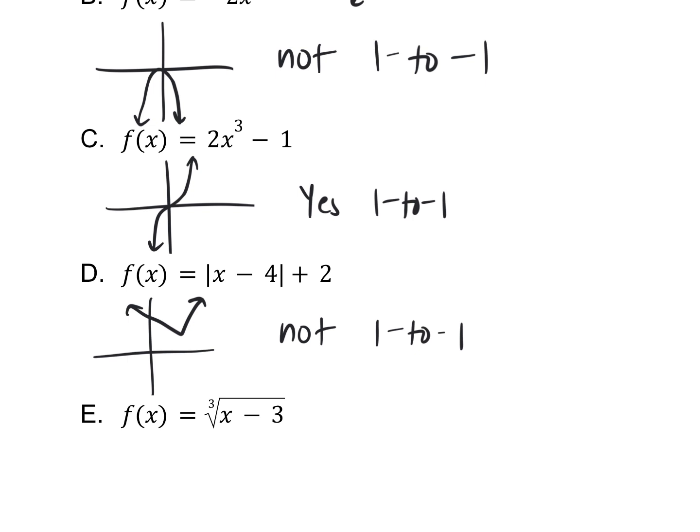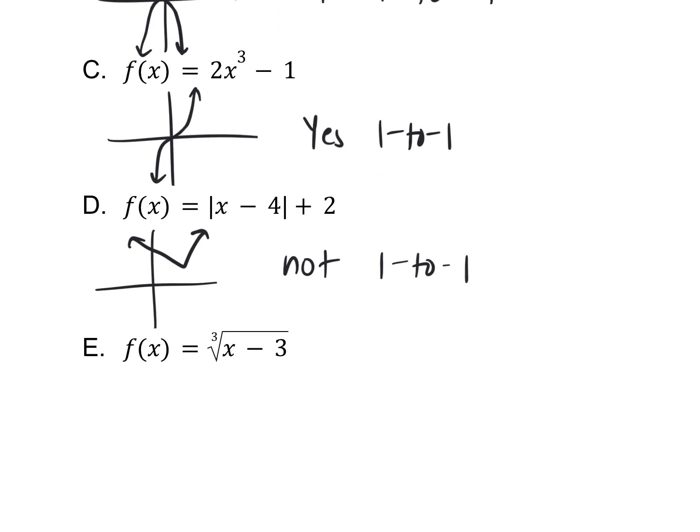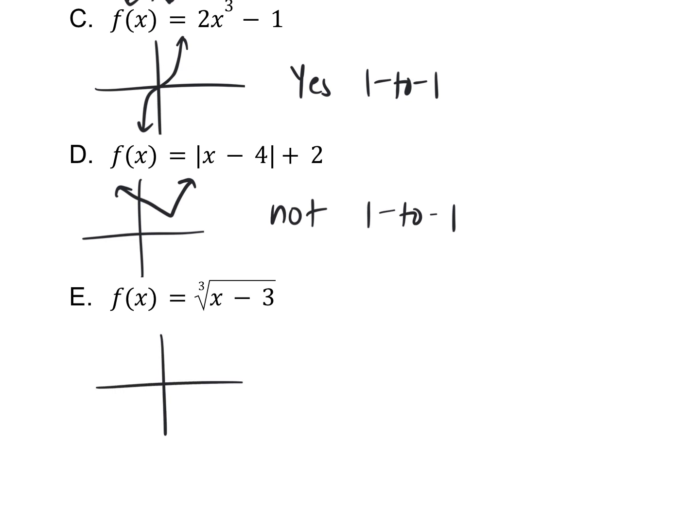And lastly, I've got the cube root of x minus 3. The cube root, very similar to the cubed function, except for it is down here like this. And shifted where 3? Shifted right, technically, because it's with the x there, okay? So technically that shifted right 3. Is this 1-to-1? Yes. Yes, this is 1-to-1. Okay?